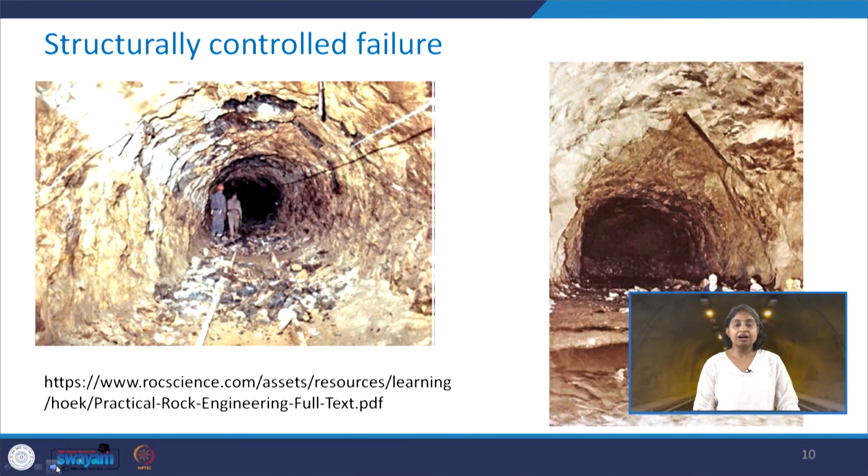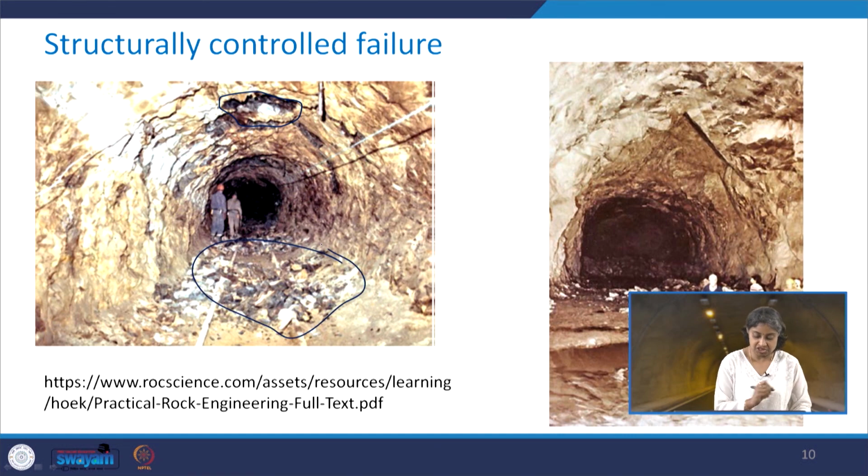Now, these two pictures give you an idea of how, upon excavation, the blocks fall under gravity from the roof. Take a look here in this zone and see the rock pieces which have fallen.